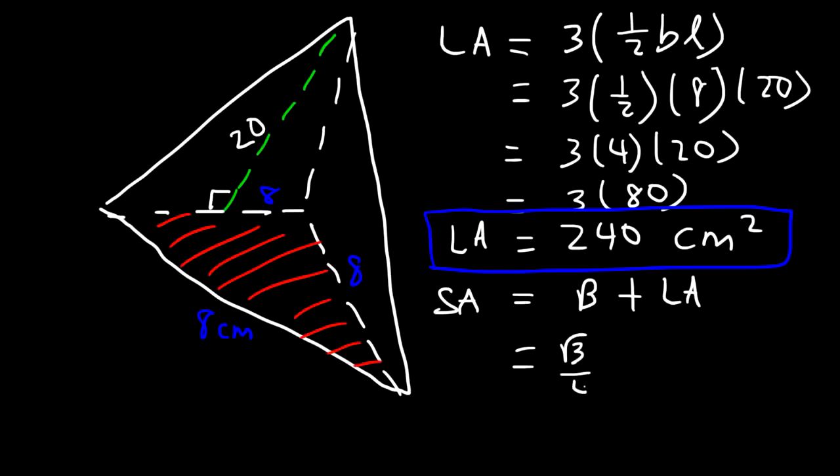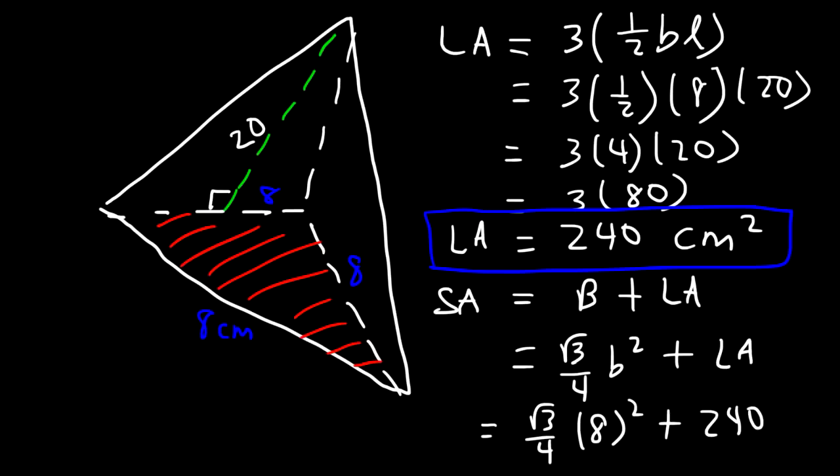Square root 3 over 4 b squared. So b is 8, and the lateral area is 240. 8 squared is 64, and 64 divided by 4 is 16. So right now we have this. The surface area is 16 root 3 plus 240. So that's the exact answer.